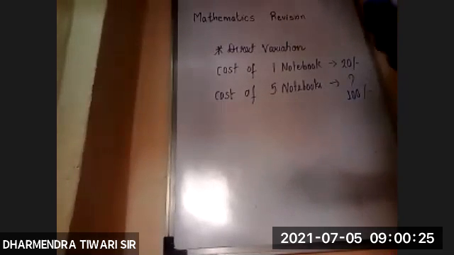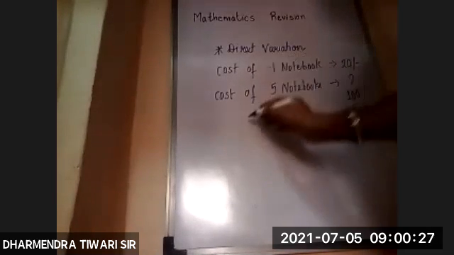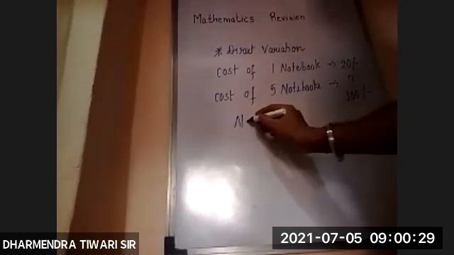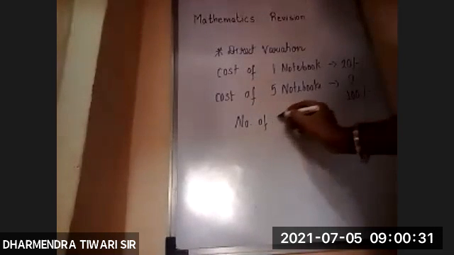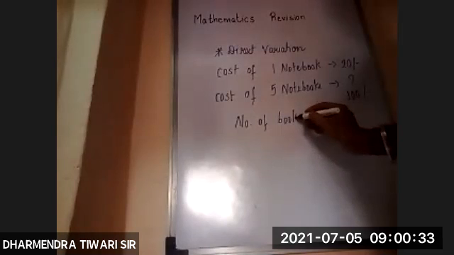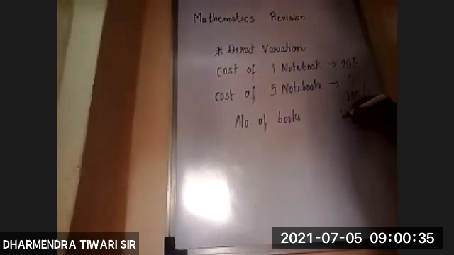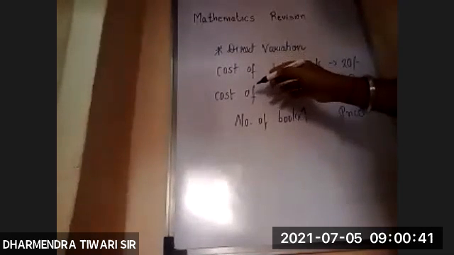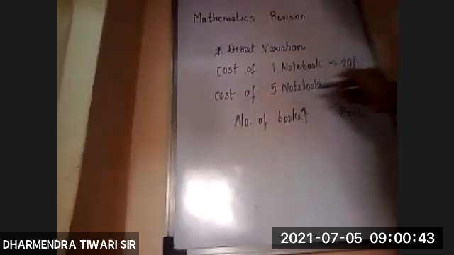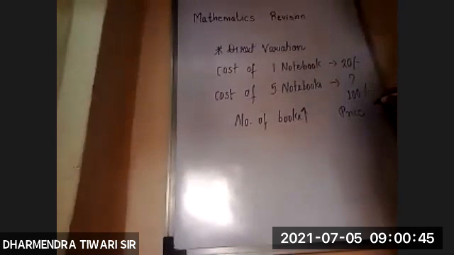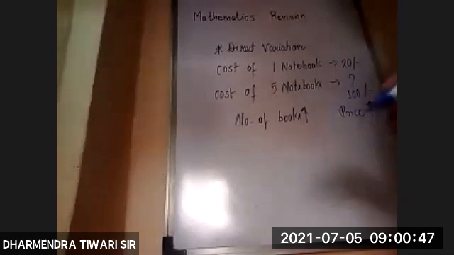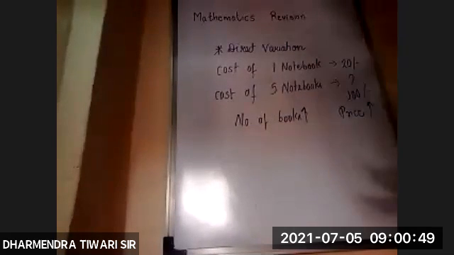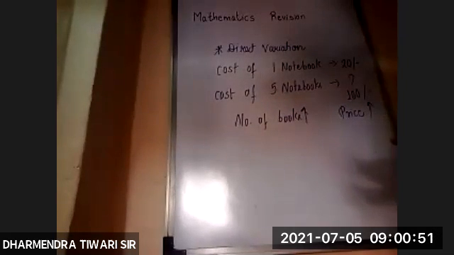What is our observation? As the number of books increases, as you have increased your number of books from 1 to 5, the price also increases. Means they increase in proportion. Cost of 1 is 20, cost of 5 is 100.